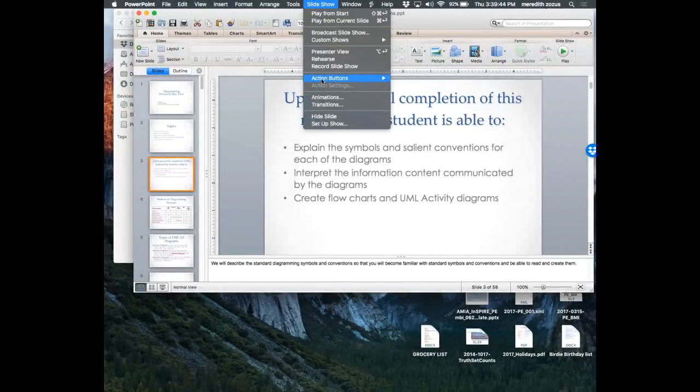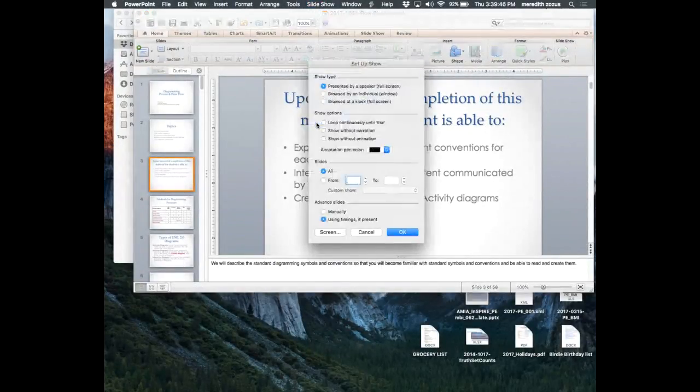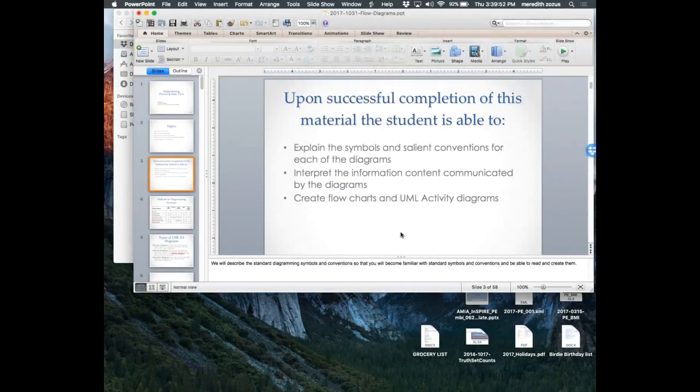There's a very old ISO standard called ISO 5807. ISO 5807 is the standard for representing flow control, so workflow or process, although when it was created, it was just for data processing.